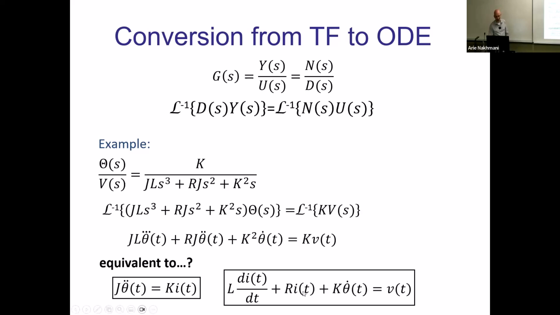All you need to do is make one more derivative here, and then you'll get that equation exactly. You're making J theta triple dot equal k I dot, and you're replacing that I dot here with J theta triple dot over k. You're also replacing I with J divided by k theta double dot, because this is the I that you need to replace here, and you'll get exactly the same equation.